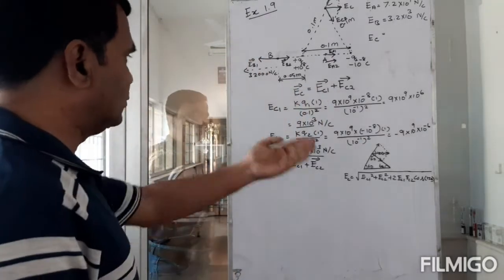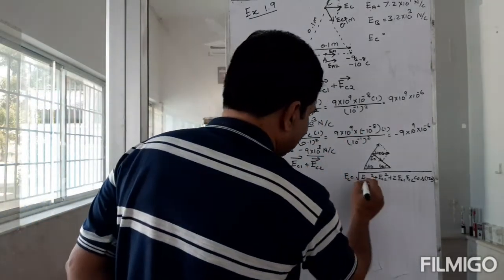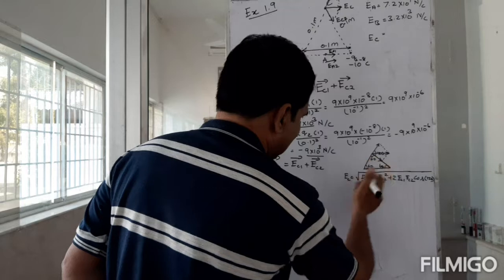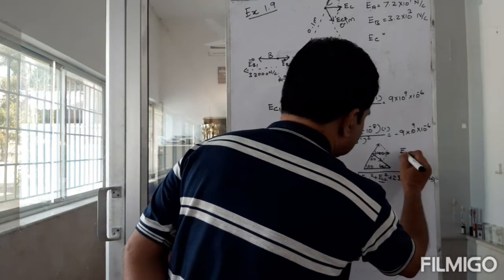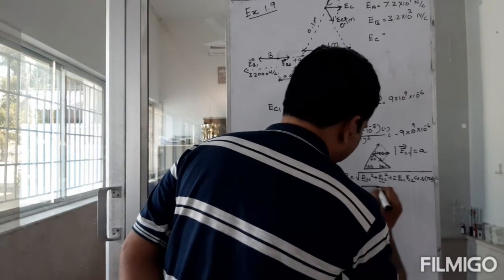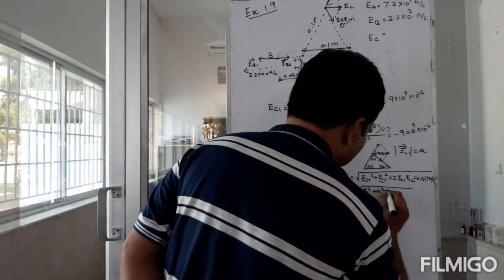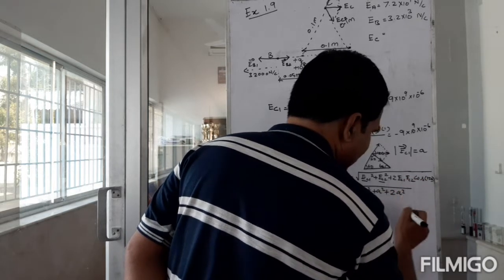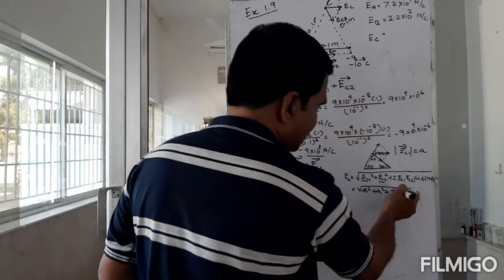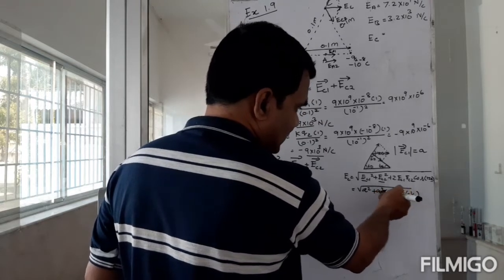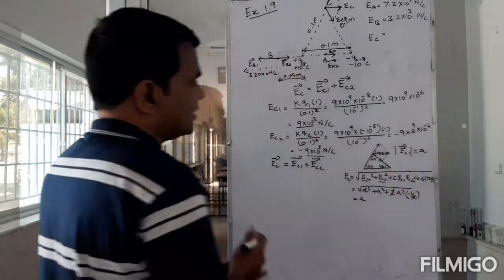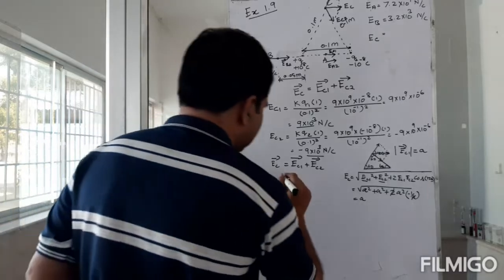EC1 and EC2 are of the same magnitude, so I'll call the magnitude of EC1 as A. That will give me simply A square plus A square plus 2 A into A, and cos 120 is minus half. So the minus A square will cancel with one of the A squares, and I will be left with root of A square, which gives me A, which is nothing but EC1 or EC2.